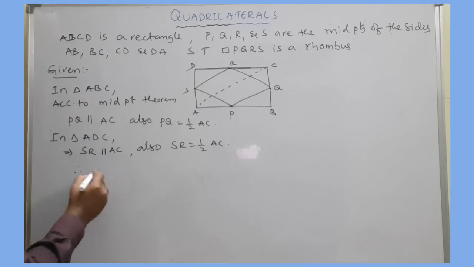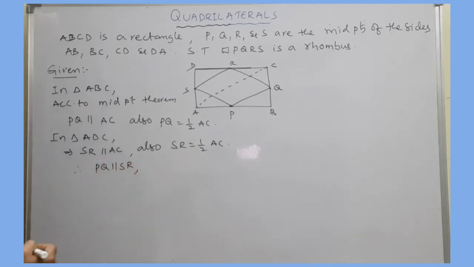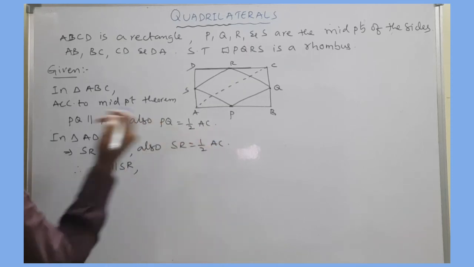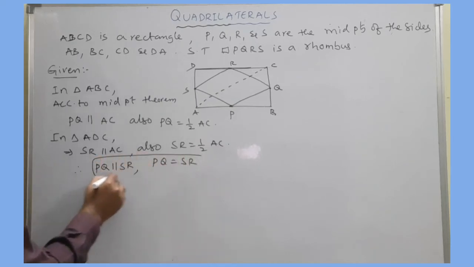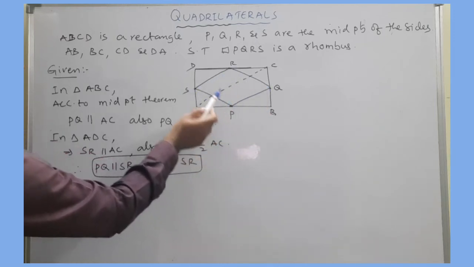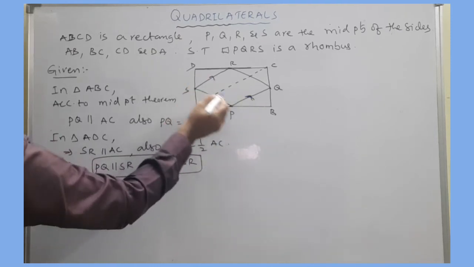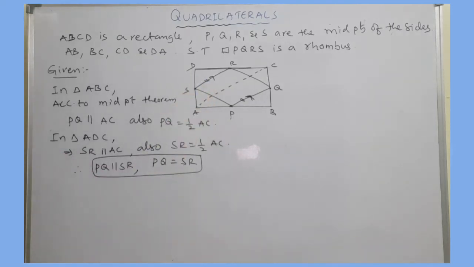Therefore, PQ is parallel to SR. Also, PQ and SR are both equal to half of AC. Hence PQ is equal to SR. So in this quadrilateral PQRS, one pair of opposite sides is parallel and also equal.